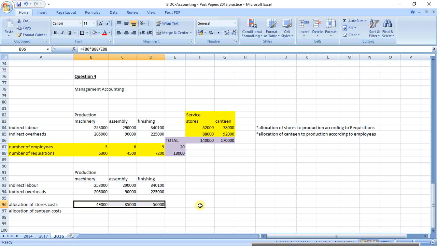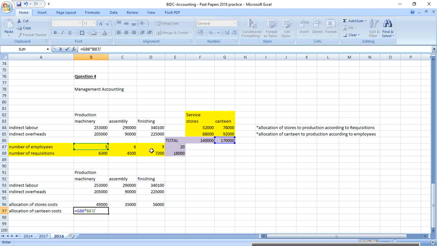Okay, so now can you do the canteen? Yes, again. Okay, then try. It would be 17 and 3 times 5 divided by 20, right?